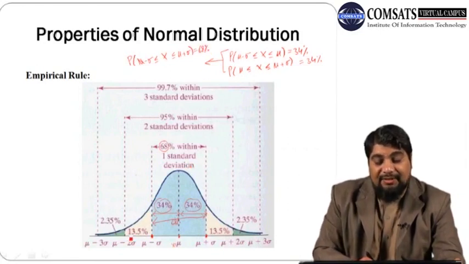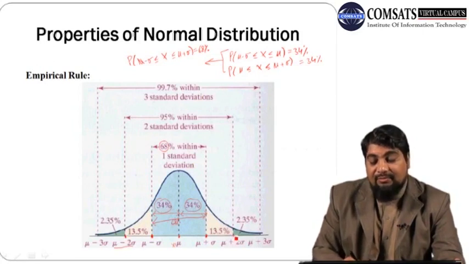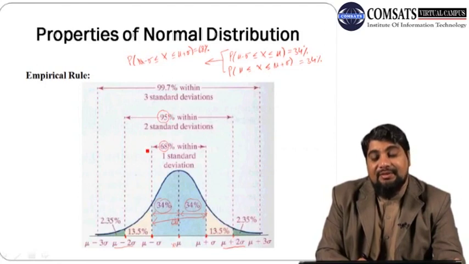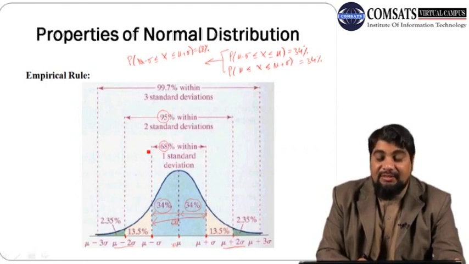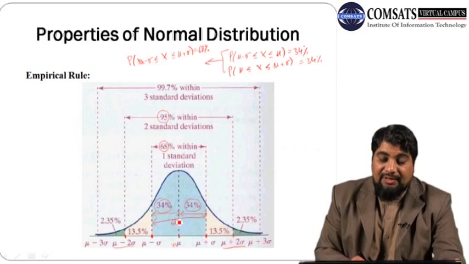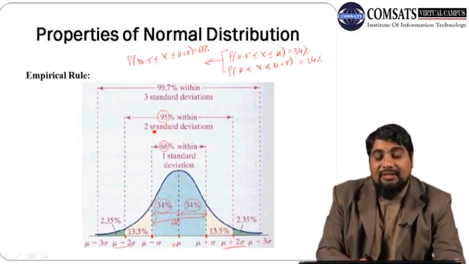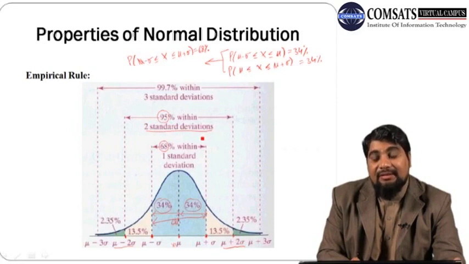Similarly, this is the point mu minus 2 sigma, and here we have mu plus 2 sigma. So the area between the two is 95%, from mu minus 2 sigma to mu plus 2 sigma. Or in other words, we can also call it a 2 standard deviation range around the mean value.